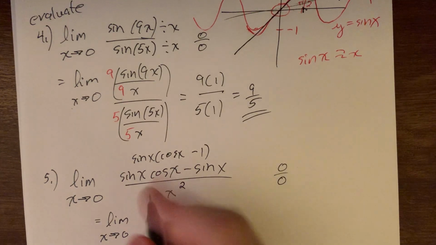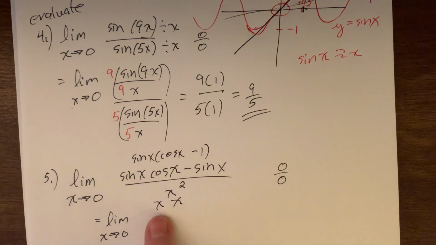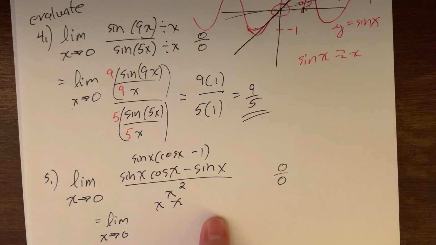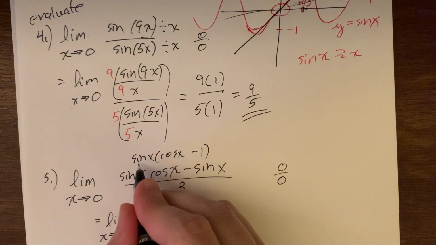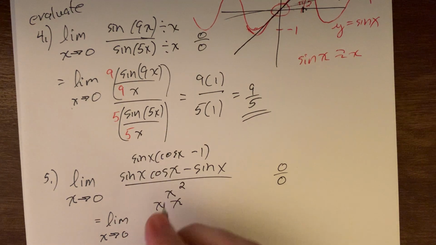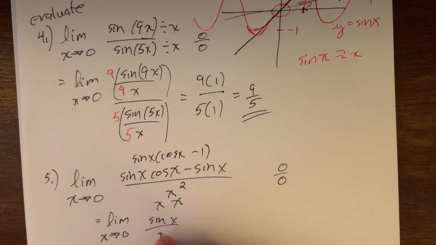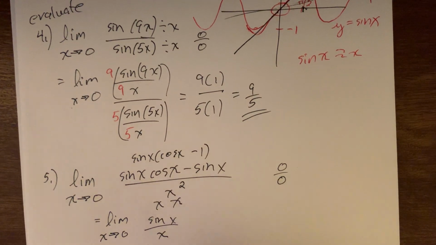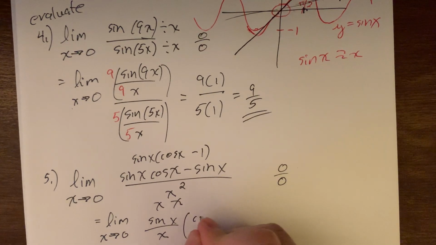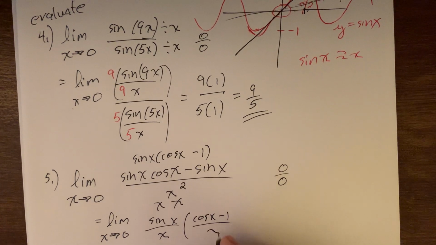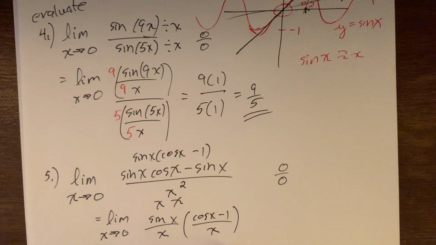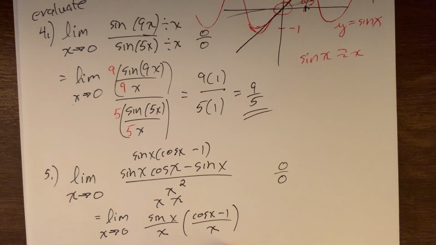So treat x squared as x times x. So now take this first piece from the top with this first piece from the bottom, and that becomes sine x over x, times the second piece from the top over the second piece from the bottom, and now you're directly applying both of those limit identities.